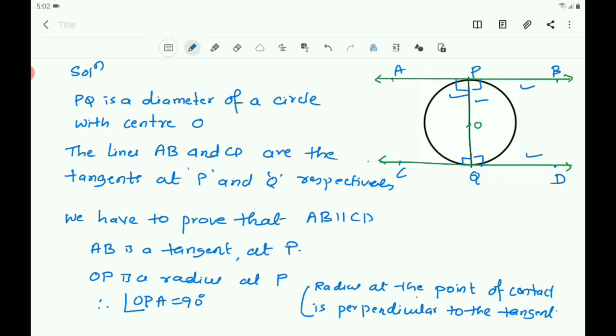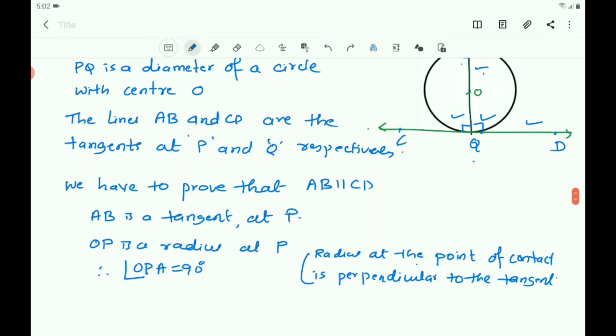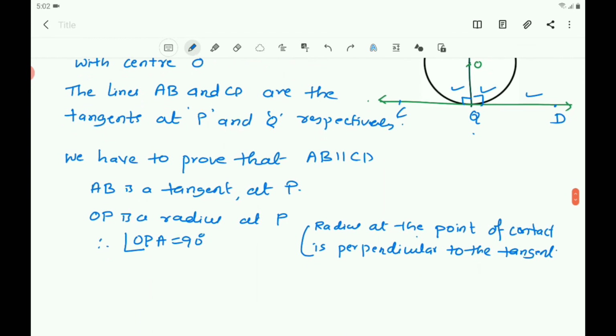Here you proved that angle APO is 90 degrees, and also angle PQC is 90 degrees. 90 plus 90 becomes 180 degrees. The sum of the interior angles on the transversal of two lines is supplementary. Then you can say that AB is parallel to CD. Or otherwise, if you prove that angle PQD is equal to 90 degrees, then the alternate angles become equal. As the alternate angles are equal, then also you can say that AB is parallel to CD. So here you can take any one reason.